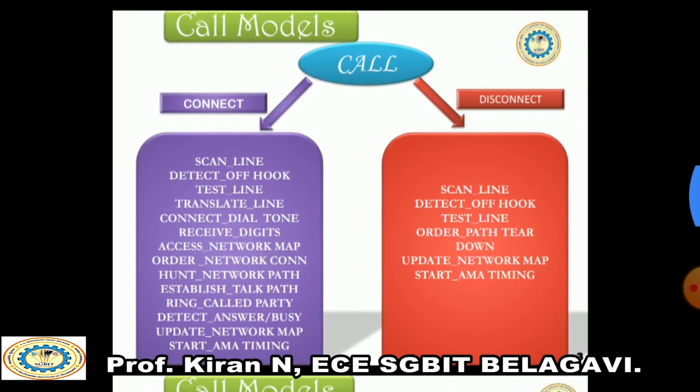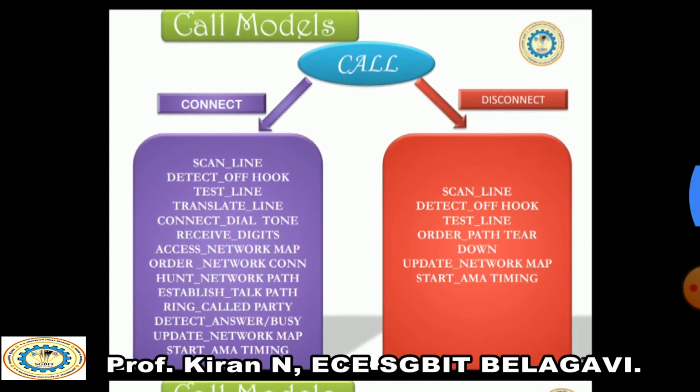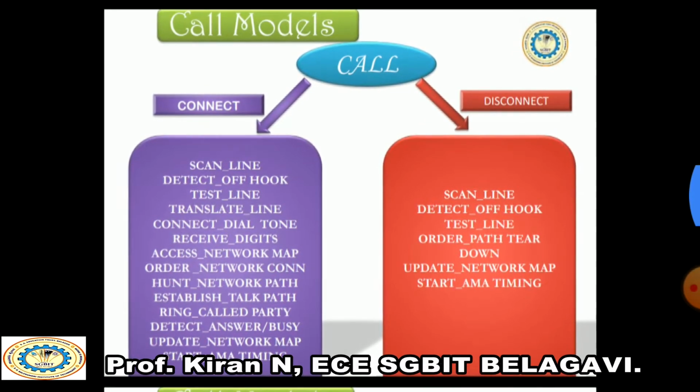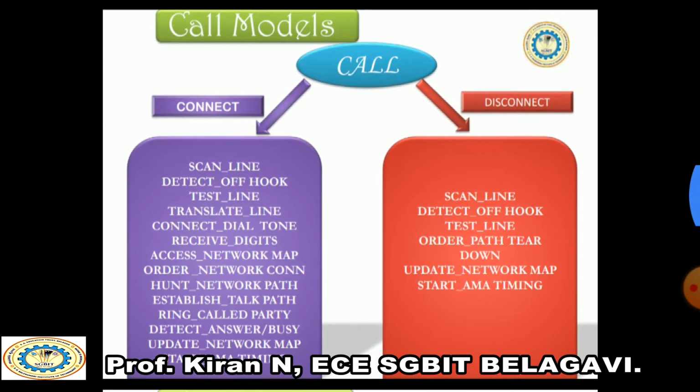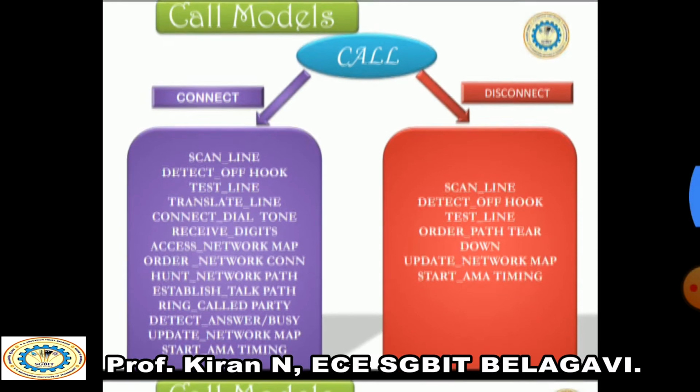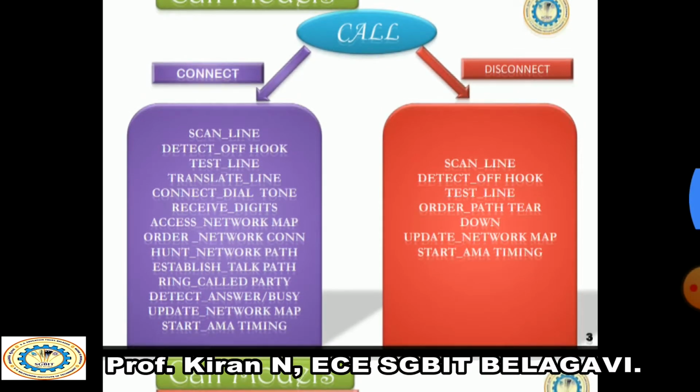Now remember, off hook means what? The receiver is lifted, so that subscriber A can connect to subscriber B, and then we process the request for a dial tone.